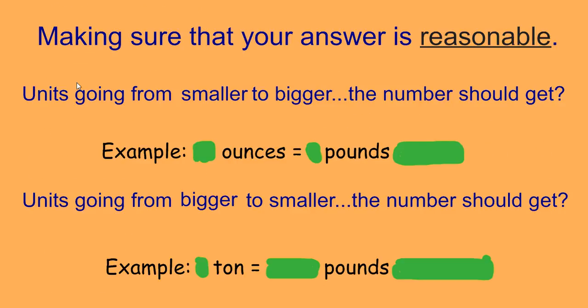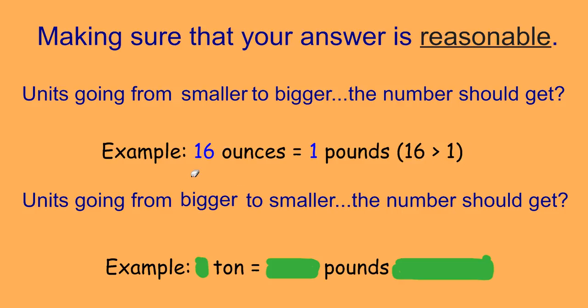First, let's take a look at how to make sure your answer is reasonable. If you're going from a smaller unit to a bigger unit, your number should be getting smaller. That's right. So anytime we go from something small like an ounce to a pound, our number goes from 16 to 1.